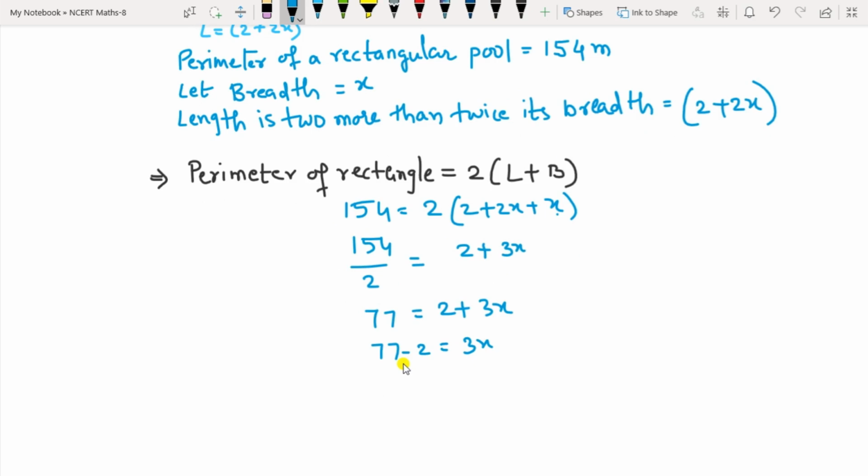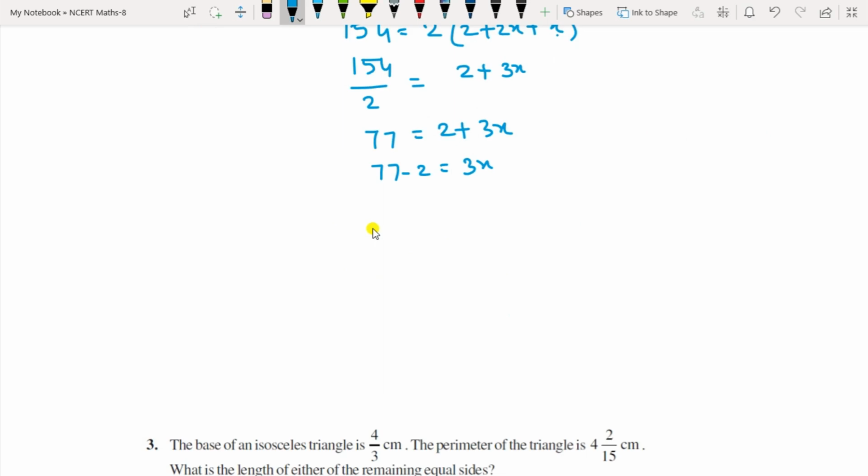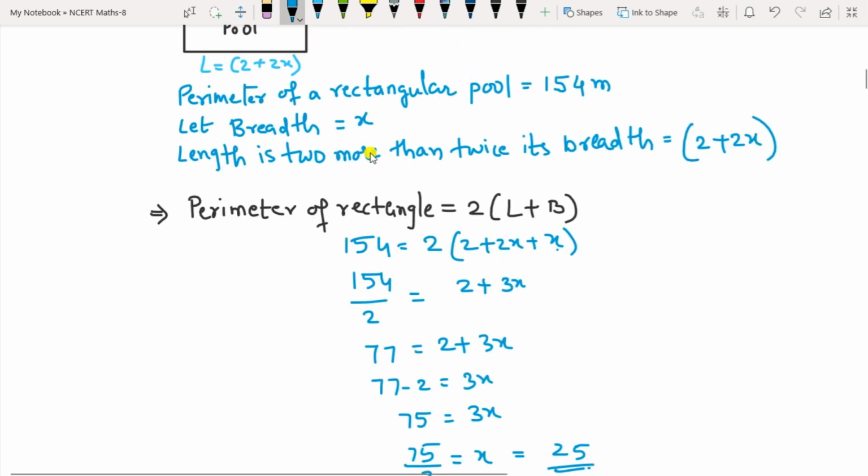Move 2 to the other side, it becomes subtract, so 77 minus 2 is 3x. Then 75 equals 3x. We don't want 3 here, so it gets divided. So 75 by 3 equals x. On cancellation you will get the answer as 25. So this is the answer for x.